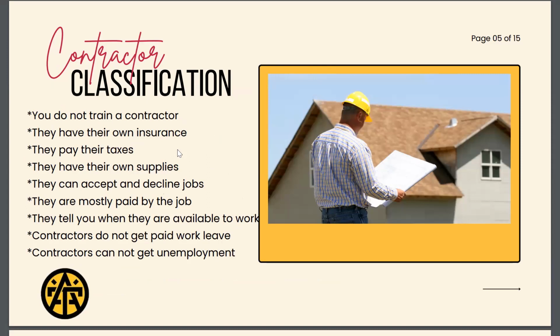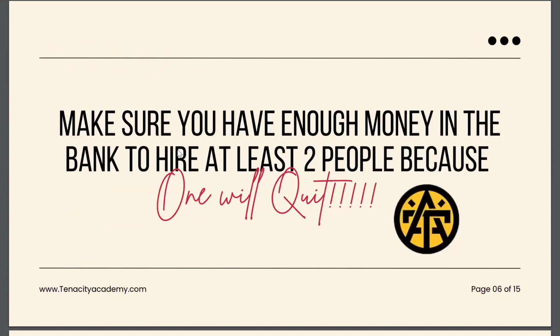They tell you when they are available to work. Contractors do not get paid leave, and contractors do not get unemployment. So that will give you an idea of the two, and that way you'll be able to choose correctly which one you want to go with.